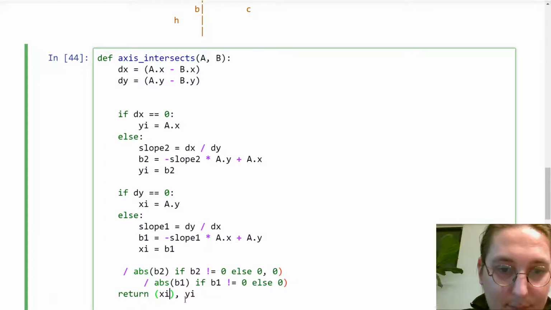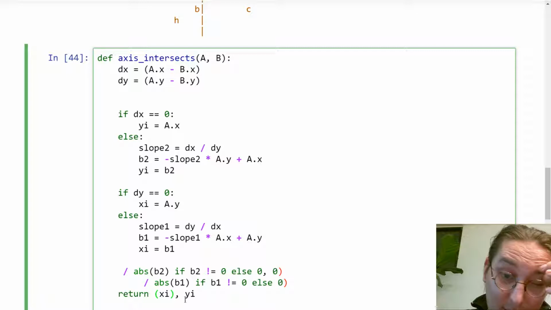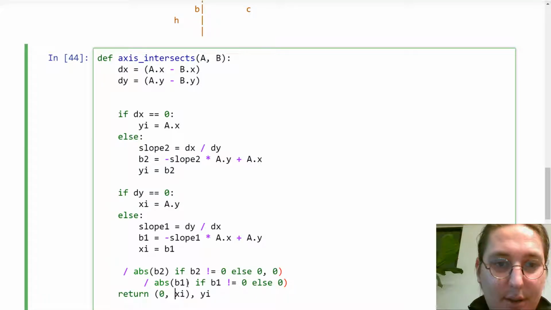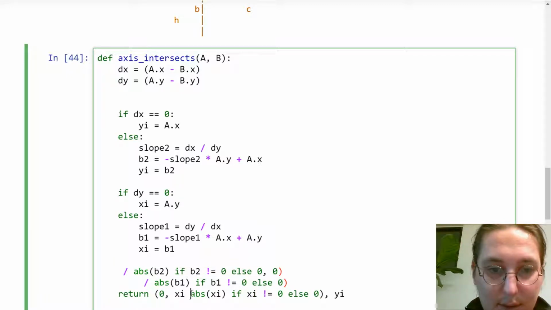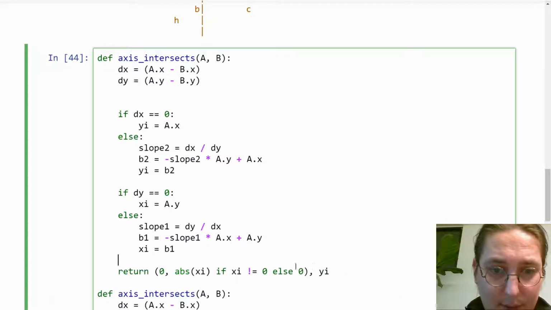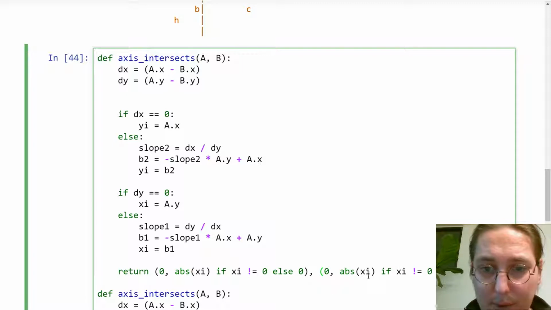Okay, so the X-intersect is the Y value, so it has to be on the right. And we take this formula and we do this. And likewise, for the Y-intersect, it's just the reverse.